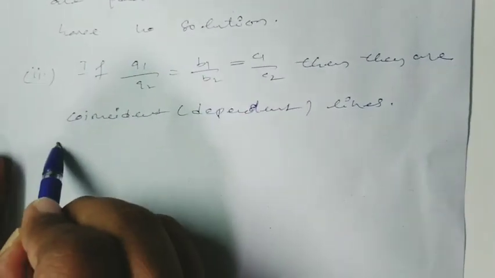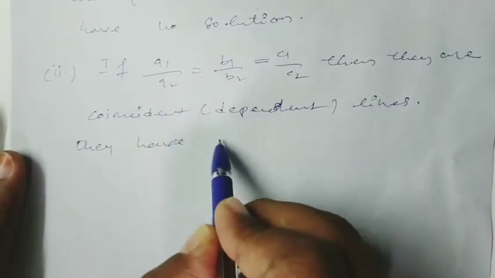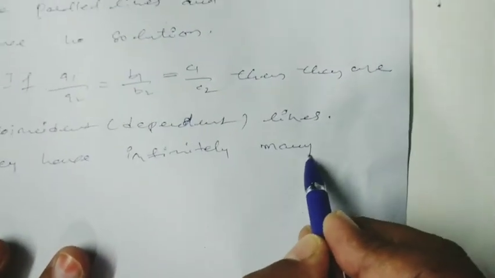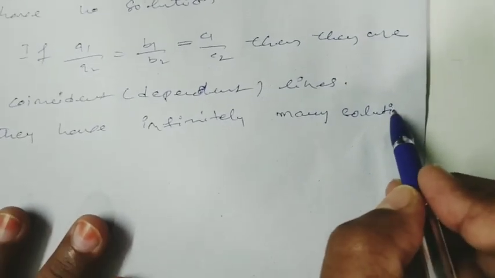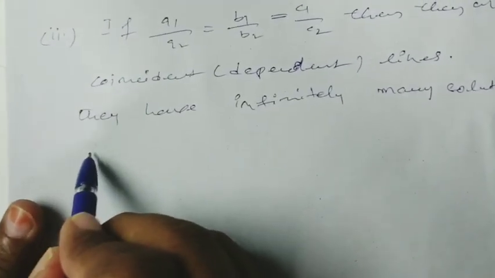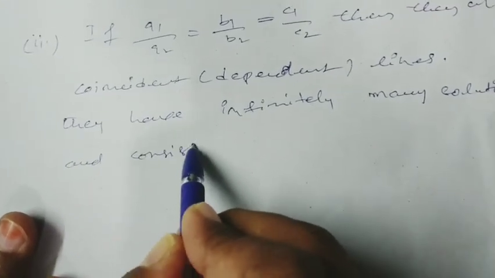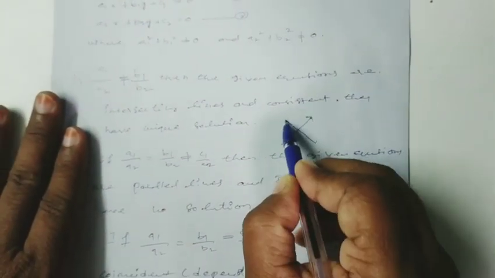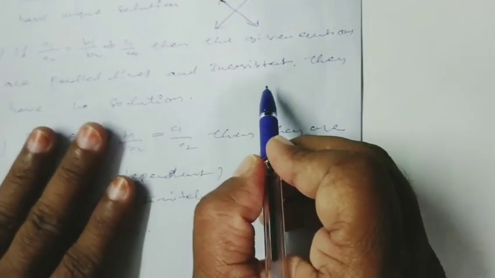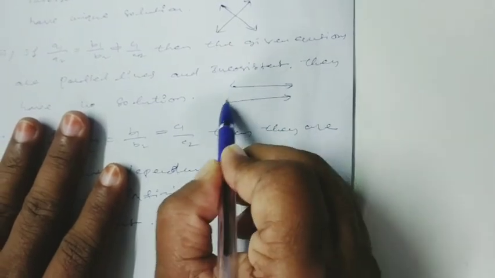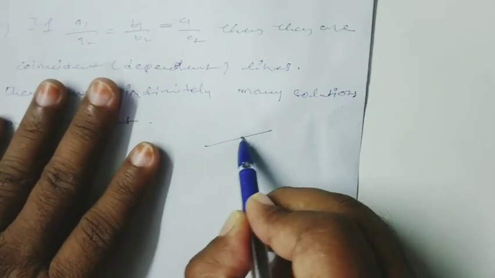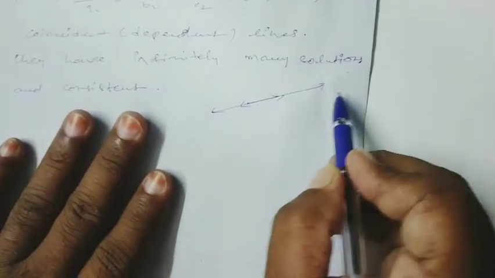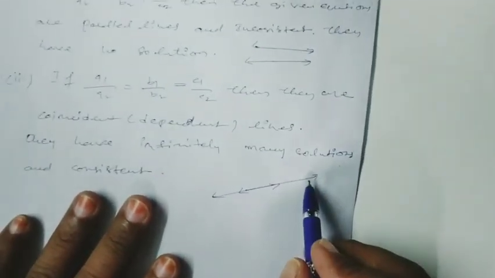Dependent lines, they have infinitely many solutions, and consistent. So these three conditions: lines will be like this, intersecting lines. In this condition, parallel lines, they don't have any solutions. Now these are coincident or dependent lines, so they have infinitely many solutions, children.